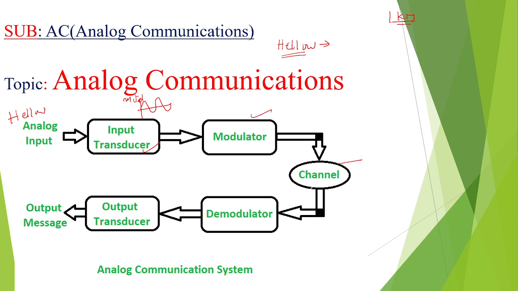Then the channel. Then at the receiver side, compulsorily it requires demodulation. Again we need to convert the electromagnetic wave to our original signal, which is hello. So this is about analog modulations, analog communications.